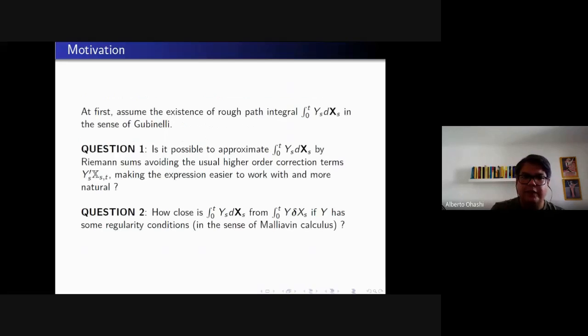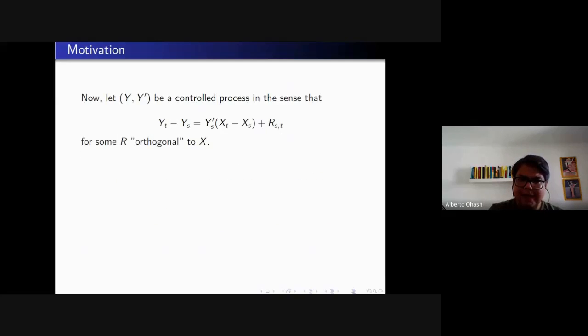Now, in this talk we're going to address these two questions. But actually, our motivation for this paper is the following. If you consider Y and Y prime a couple of controlled processes, in this sense, it's a kind of local expansion for some R orthogonal to X. So this is very formal at this point.